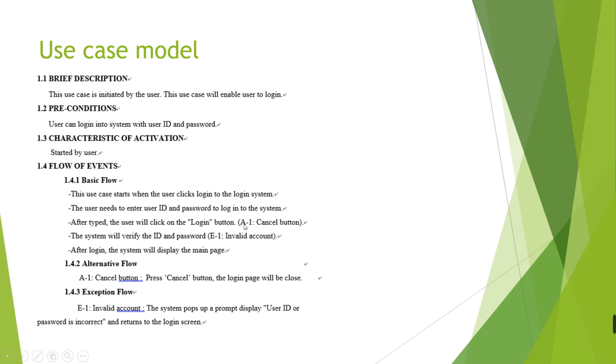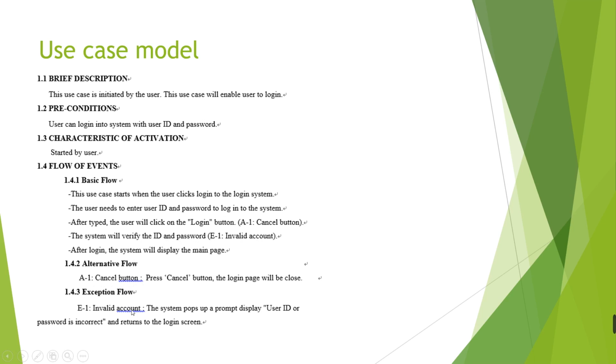In this part we have A1, which is the cancel button, and the system will verify the ID and password, for which we have E1, invalid account. After logging in, the system will display the main page. A1: once the user presses the cancel button, the login page will be closed.